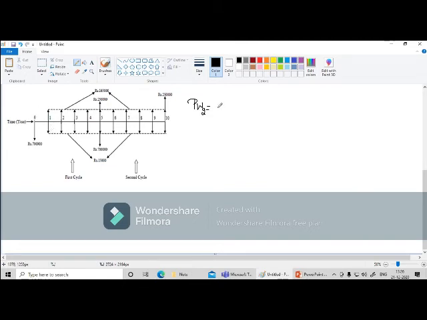I am going to formulate only the present worth of alternative 2, which has 5 years. For 5 years I have repeated the cash flow once again: first cycle, second cycle. I'll formulate the present worth equation for this cash flow.